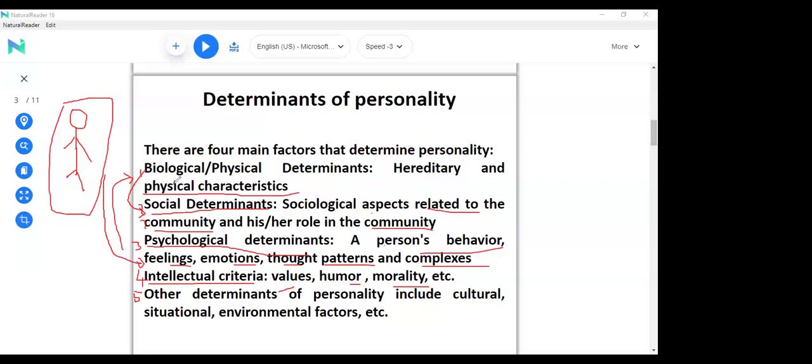Mahendra also has feelings, an interest or taste, which is the psychological determinant. Mahendra needs good lunch, good breakfast, good dinner, but he needs rice and curry for three meals because of Mahendra's social or family background and social role.